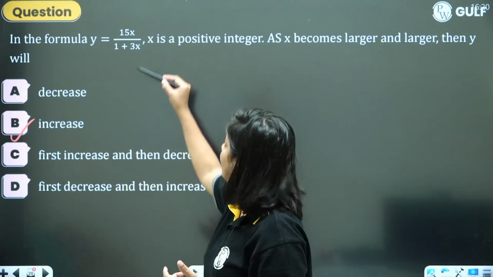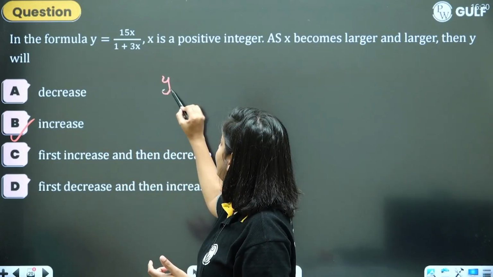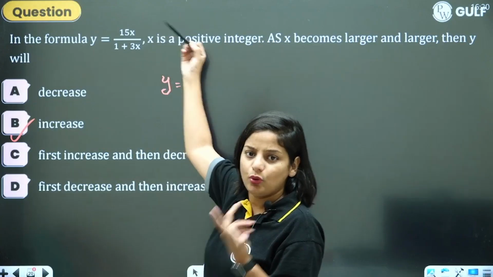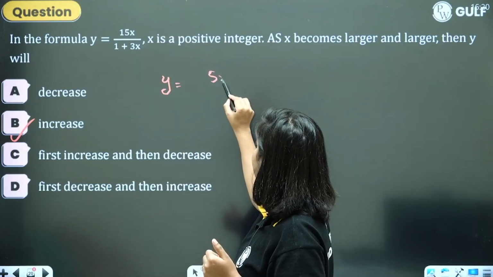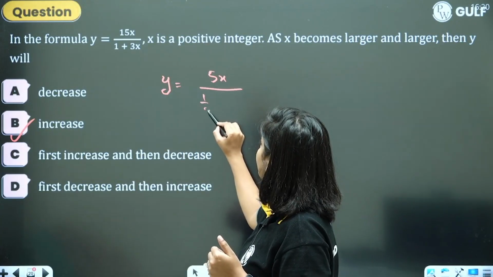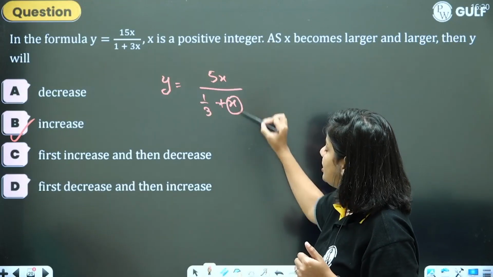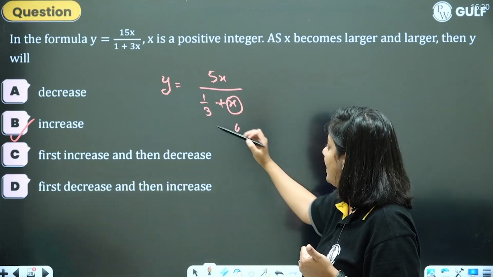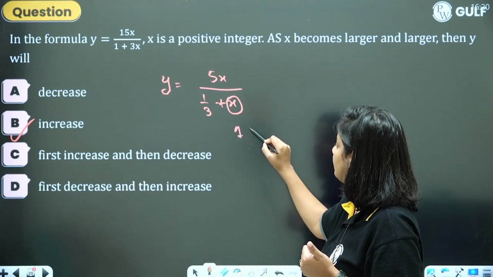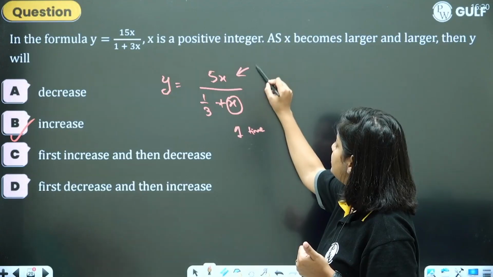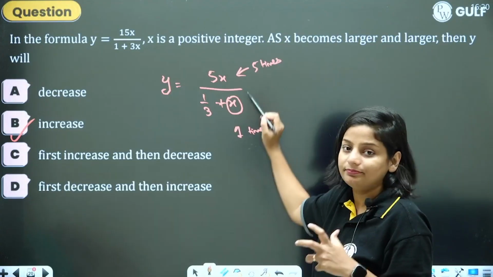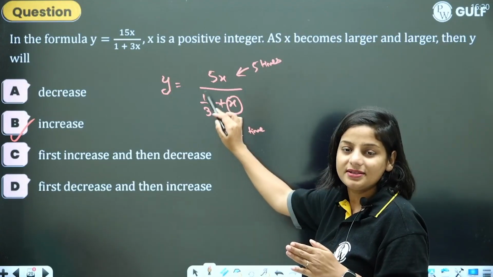But still, if you want, we can divide numerator and denominator by 3. Just divide both the terms by 3. Numerator will be 5x, denominator will be 1 by 3 plus x. So now if the denominator is changing one time, the numerator will be changing 5 times of that minimum. 1 plus 1 by 3, right? This is a fraction.